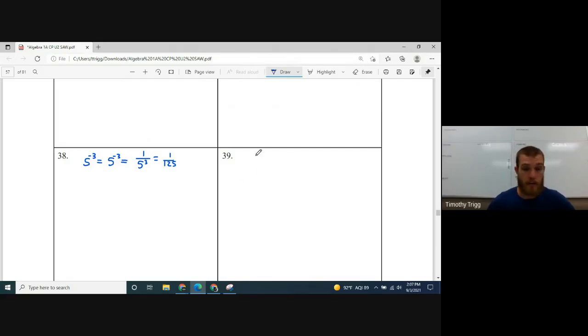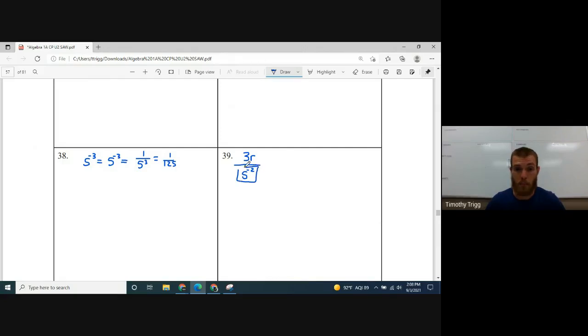Number 39 says 3r, that means 3 times r, over s to the power of negative 2. Okay, so remember how I said if it's a negative power, that means we put it in the denominator, and it will become a positive power. Well, this negative power is already in the denominator, so it actually needs to come up to the numerator.